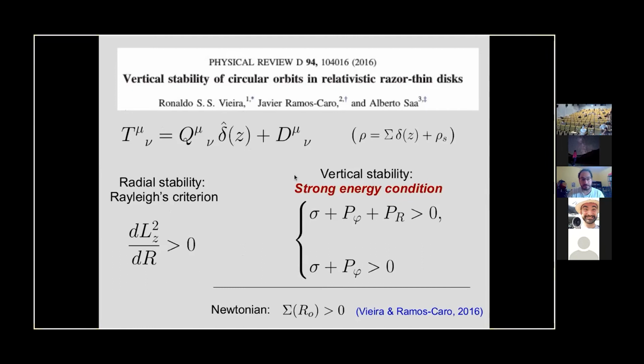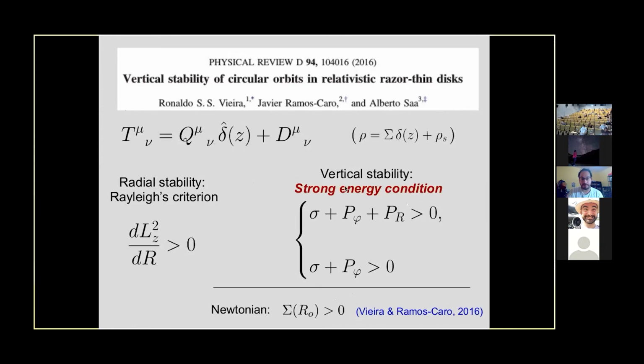So what we found, working with the equations and the Hamiltonian formalism, is that a sufficient criterion for vertical stability is the validity of the strong energy condition for the disk fluid. And this is a generalization of the Newtonian result, right?